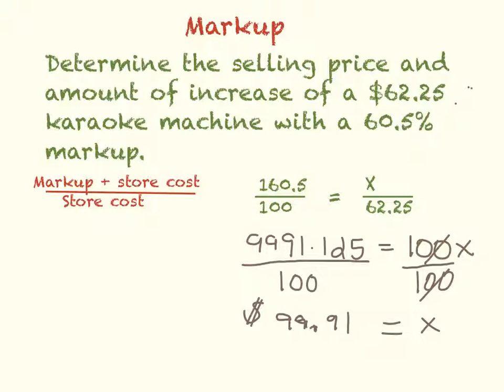If I go back to the words that I used to set this proportion up, it gives me the markup plus the store cost. So the markup plus the store cost is equal to the selling price. So I have my answer for the selling price.